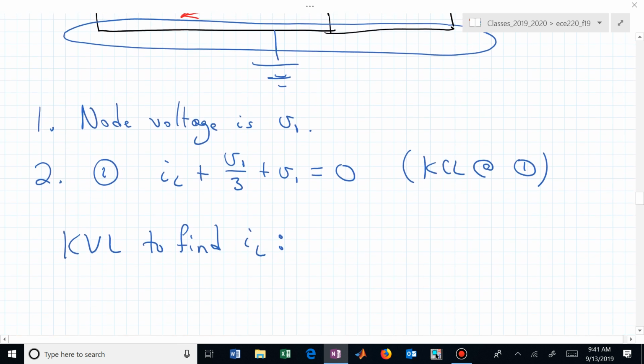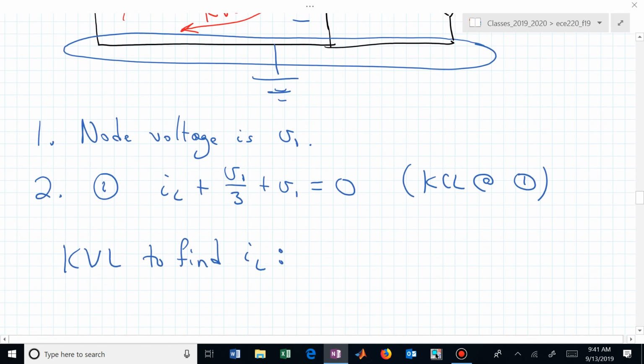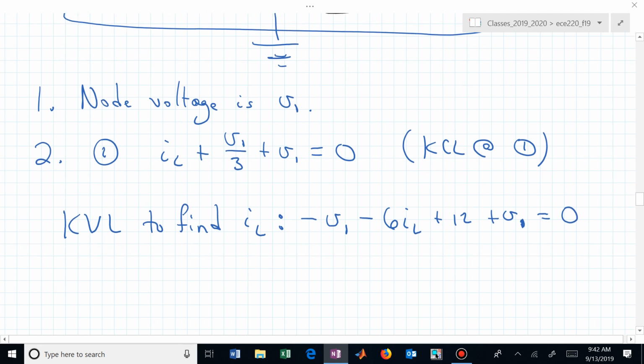The KVL to find I sub L is now whatever we just said: minus V1 minus 6 I sub L plus 12 plus V1 is equal to 0. Well, that was convenient with the V1s, minus V1 plus V1.